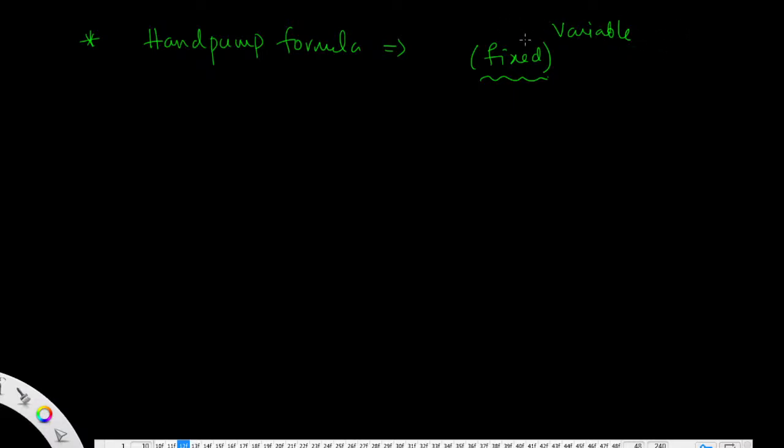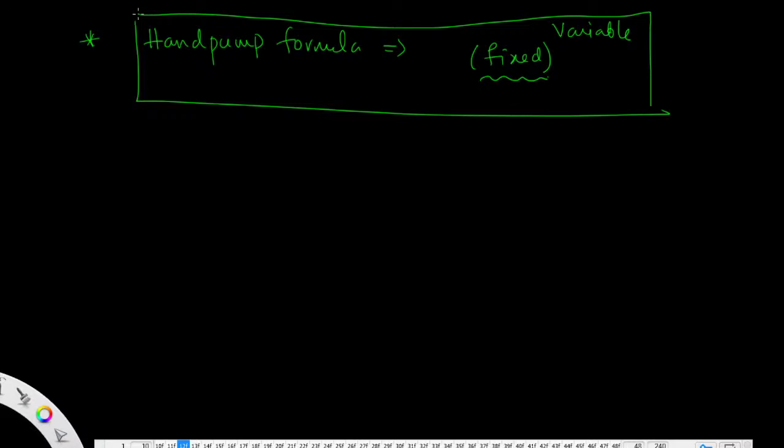So remember the hand pump formula for this type of questions, when no conditions are applied.